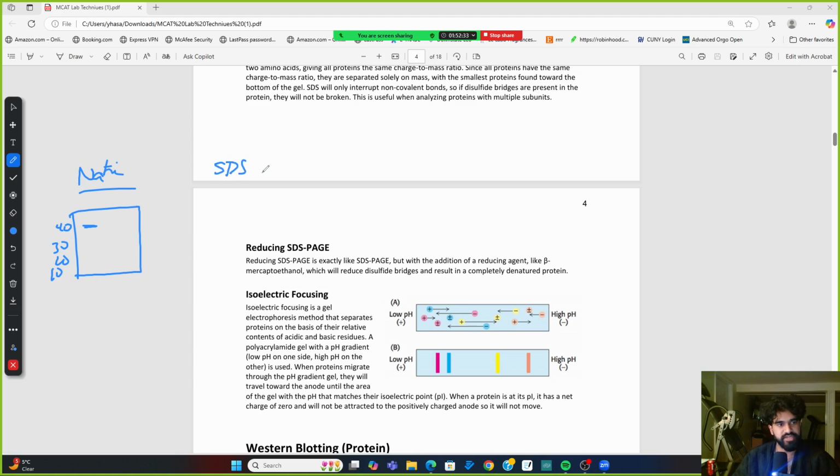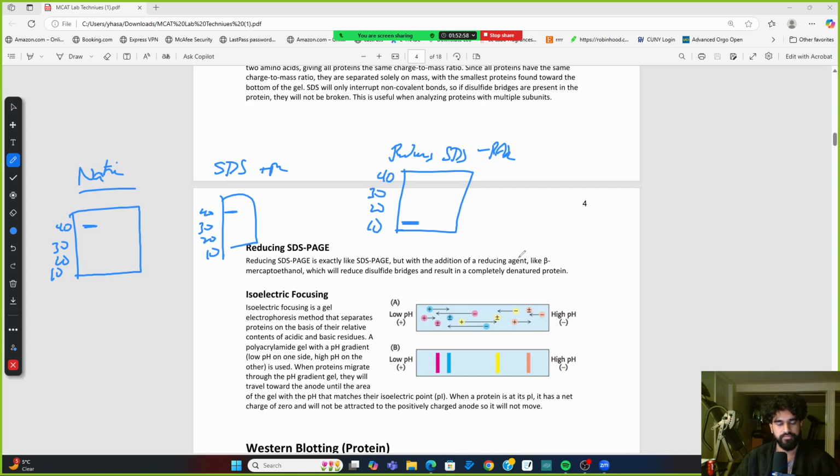Here is the SDS-PAGE. 40, 30, 20, 10. All right. Here is the reducing page. Reducing SDS-PAGE. 10, 20, 30, 40. Okay? Tell me a fact about this protein.